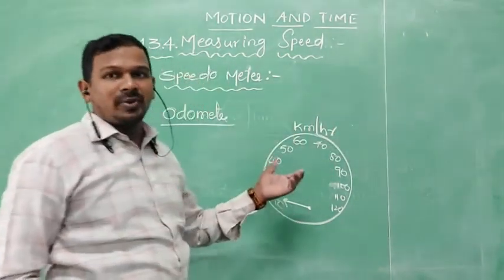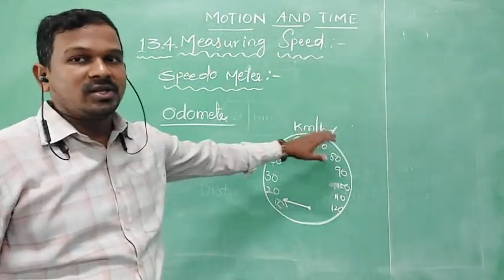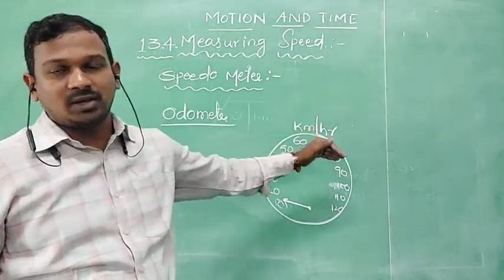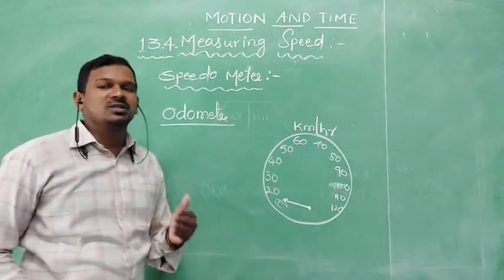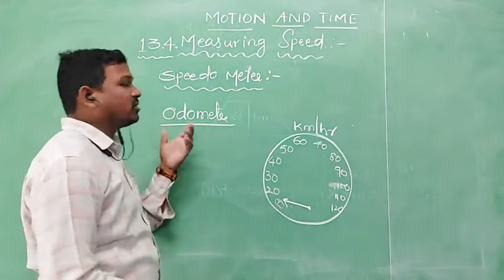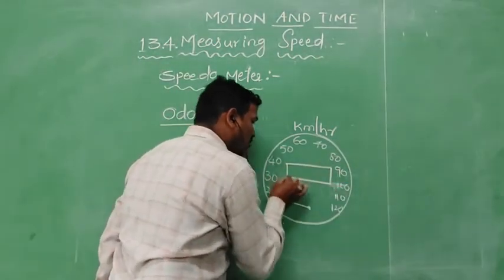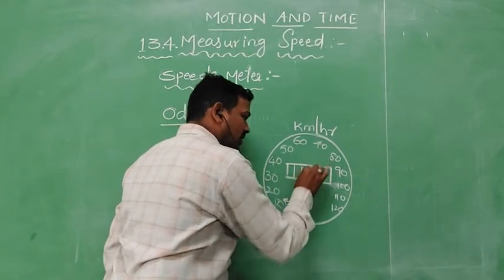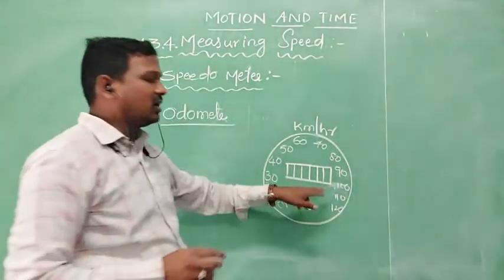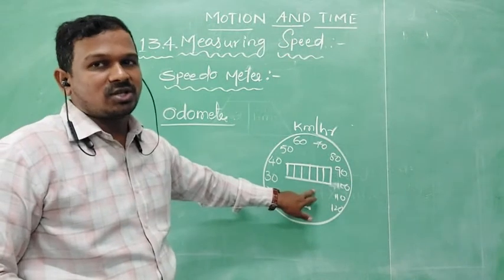With what kilometer per hour speed we are going, the speedometer will show. Now, how much distance have we traveled? With the help of the odometer: in the middle you can observe a meter which shows how much distance we have traveled.